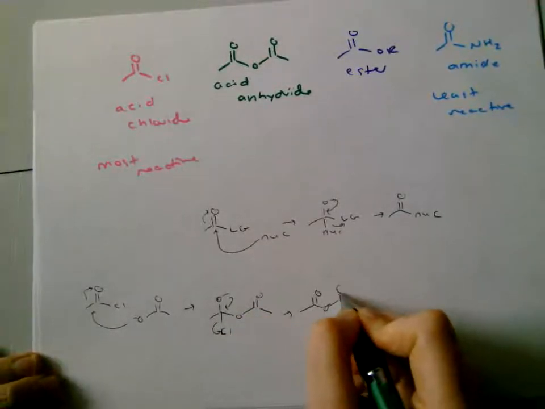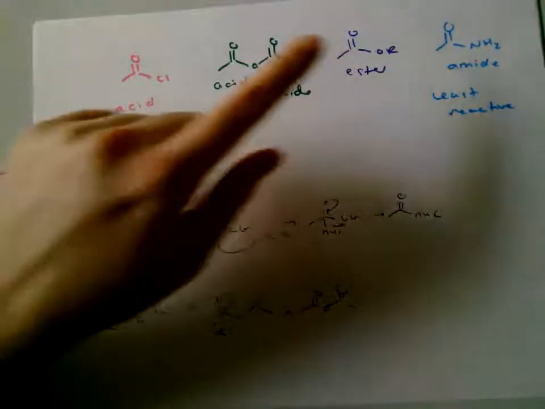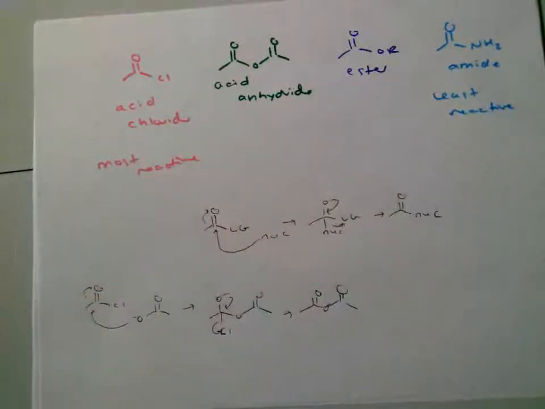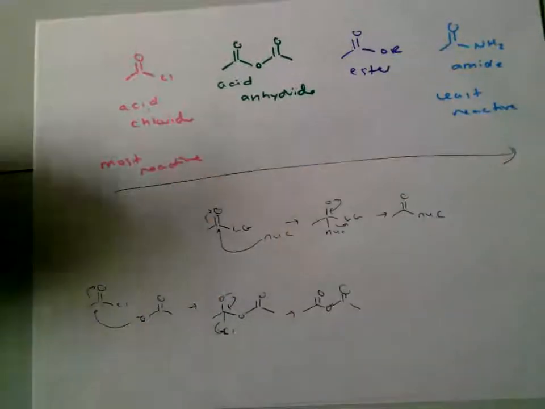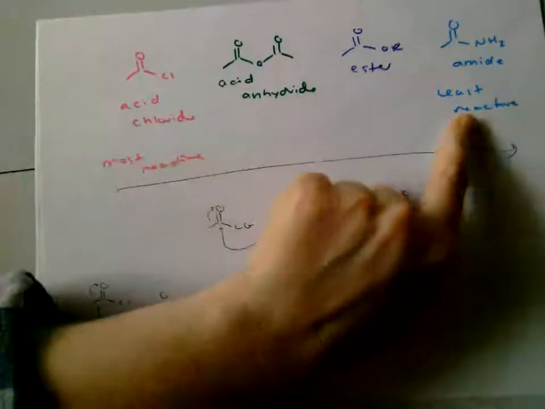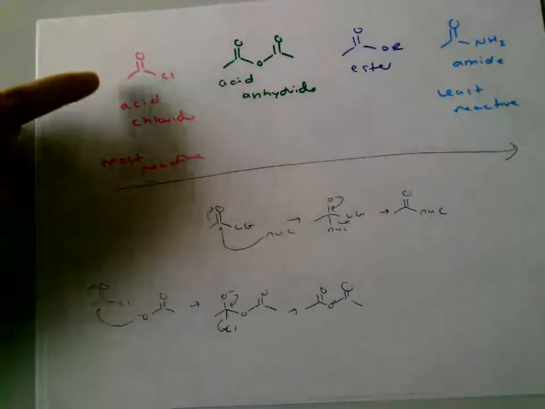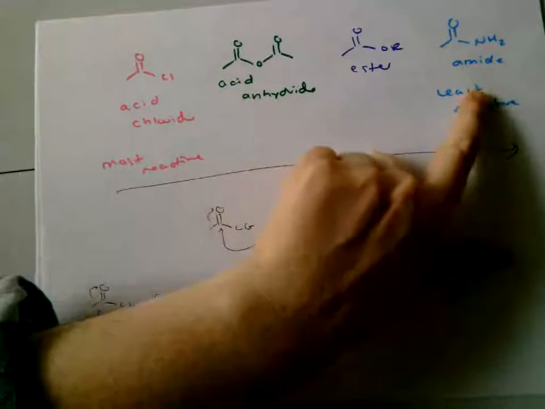You can do that same thing if you have an acid chloride and you want an ester, or an acid chloride and you want an amide. But you can't go backwards. You can turn anything here to something further to the right on the list, right? We can go from an acid chloride to an acid anhydride, an acid chloride to an ester, an acid anhydride to an ester, an acid anhydride to an amide.